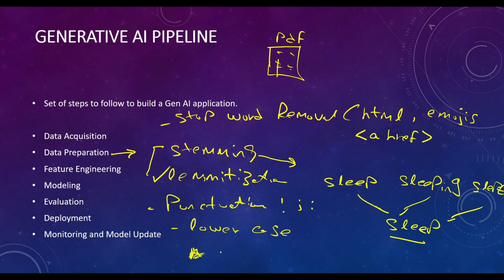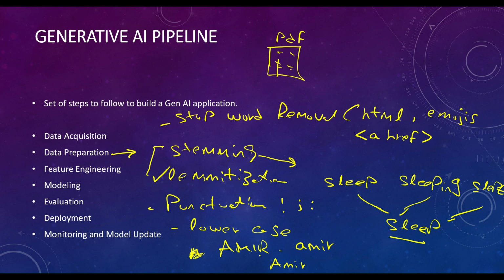Let me just write it again. And then somewhere else, the same name is mentioned like this. Same thing, same meaning, same name, but somewhere it is uppercase, somewhere it is lowercase.